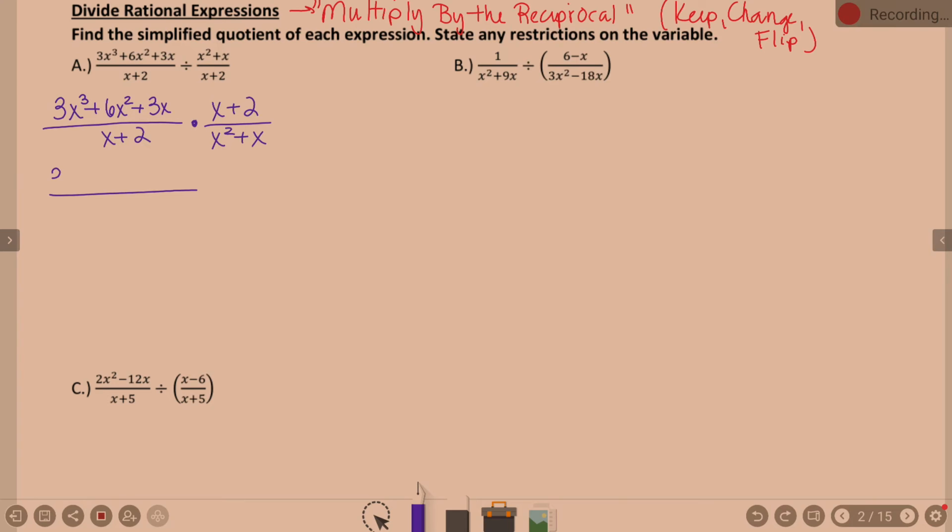So if I factor out a 3x, I'm left with x squared plus 2x plus 1. It's 3x and then parentheses, x plus 1.